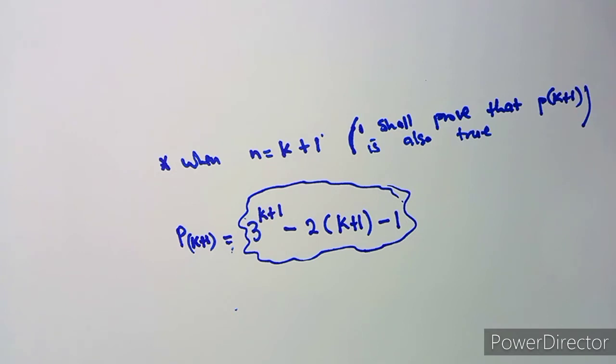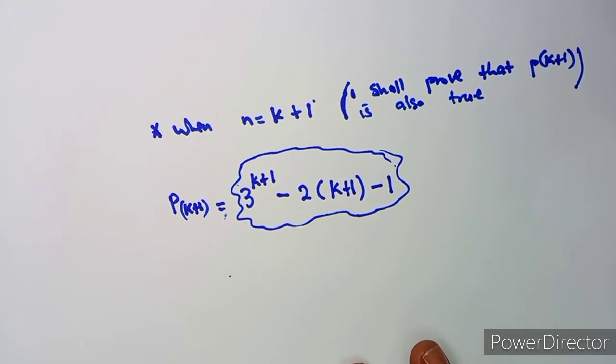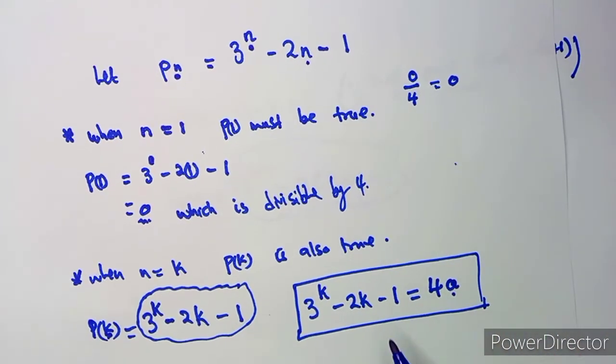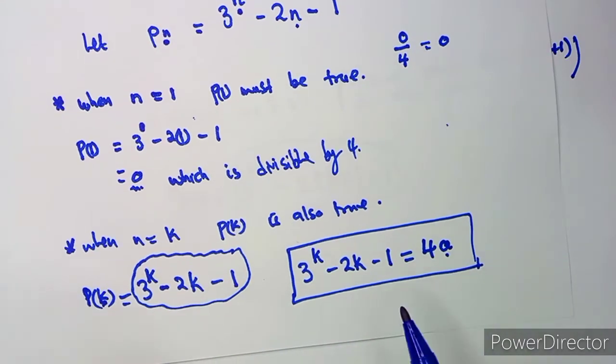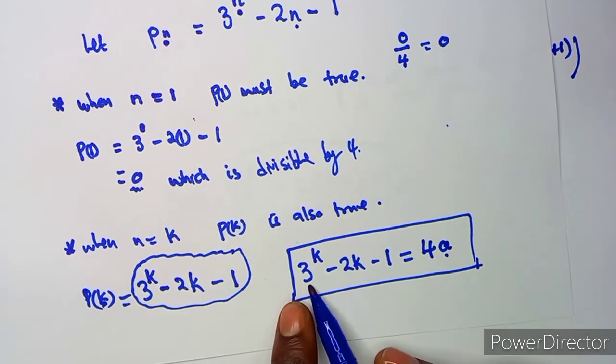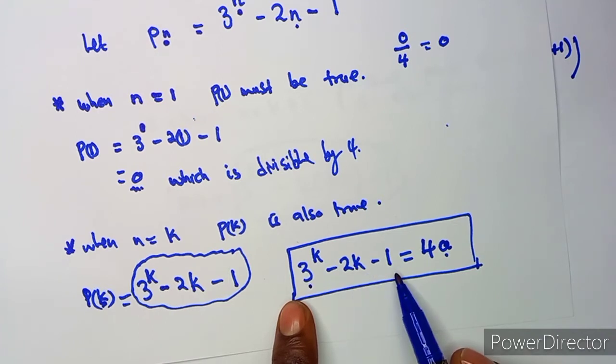The first thing, you can separate your terms, because you are going to substitute depending on the terms you have. As you can see, we've got 3 to the exponent of k minus 2k minus 1.